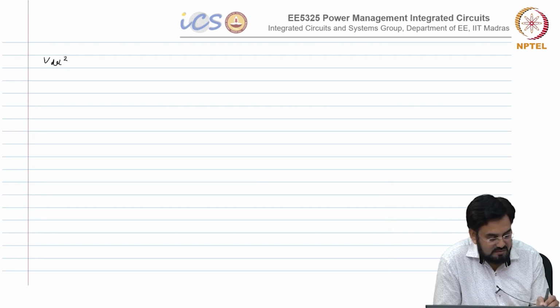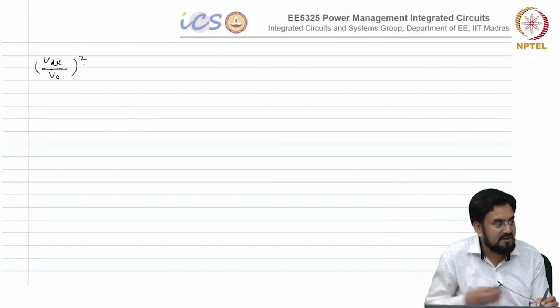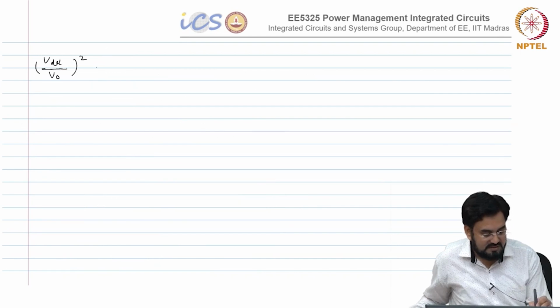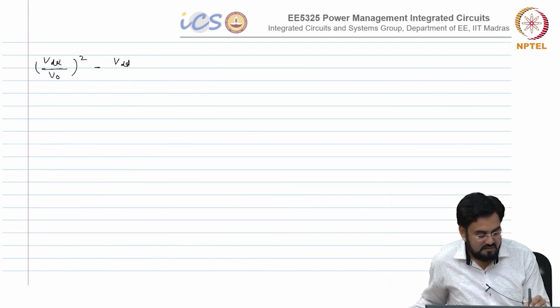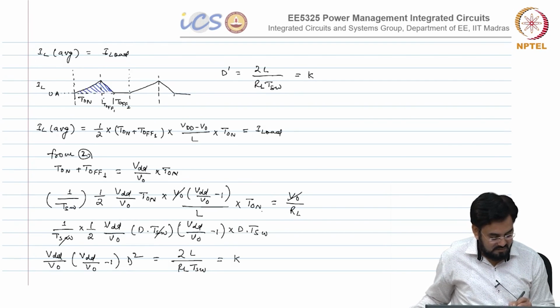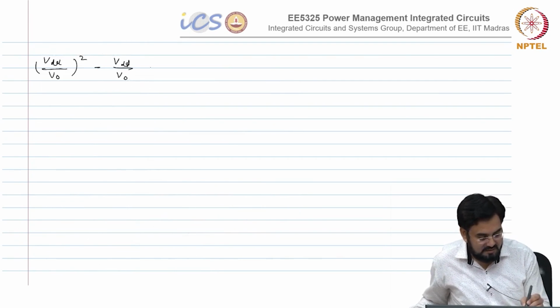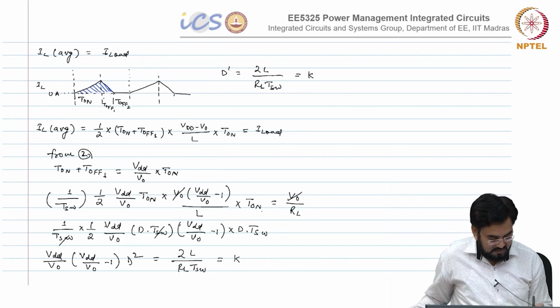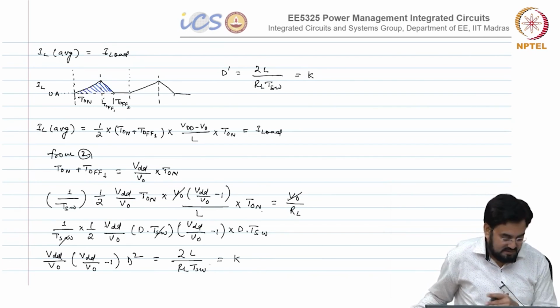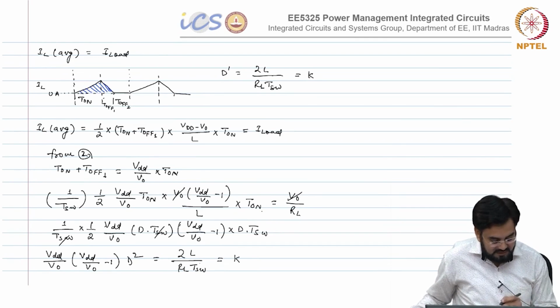VDD over V out square, multiply these two, minus VDD over V out, minus K over D square equal to 0. So I will move this D square in the denominator on the right hand side and shift everything to the left hand side.